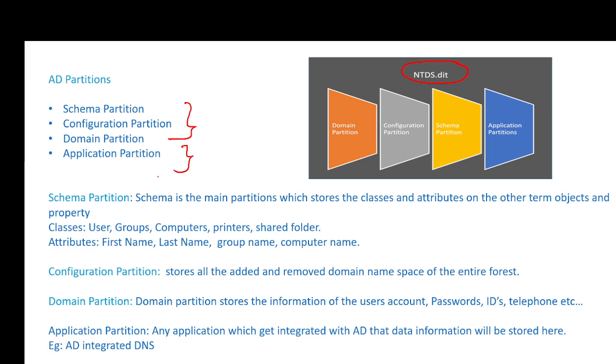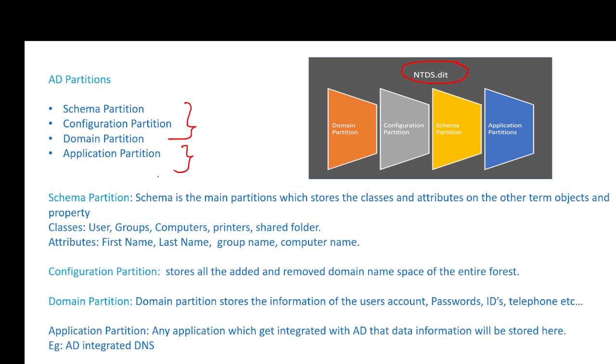So now let us understand what the different partitions are and why we need them. Let me discuss the schema first. The schema is a very important partition which stores all your classes and attributes information. In the Active Directory, anything that you create is a class. If you create a computer name, it is a class. If you create a user account, that is a class.